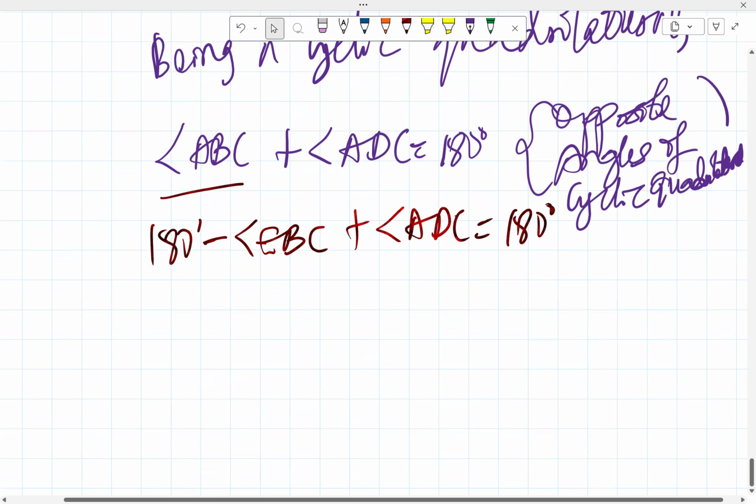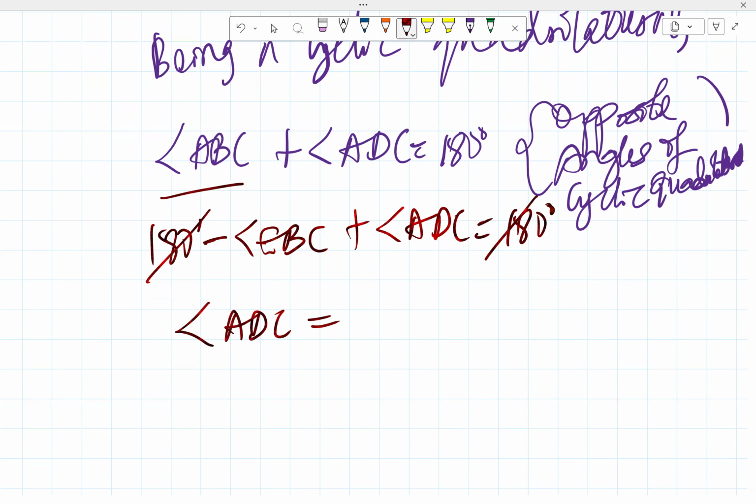Of course, 180 cancels 180 if you subtract 180 from both sides. So you see that angle ADC is equal to angle EBC.